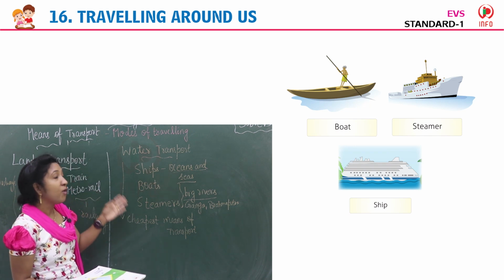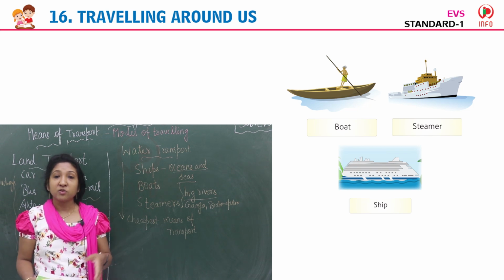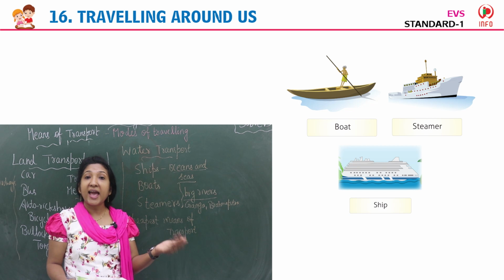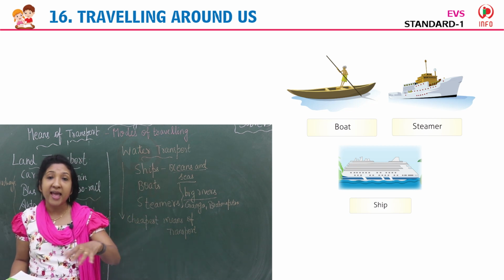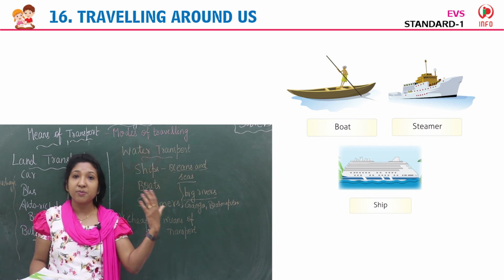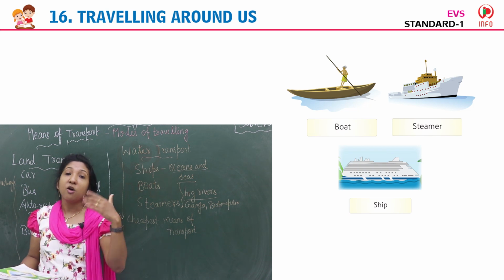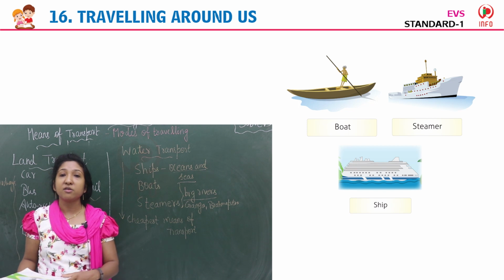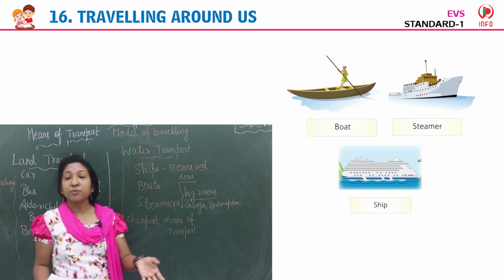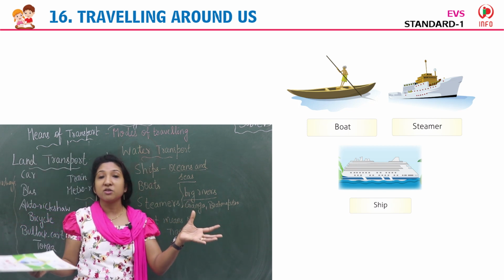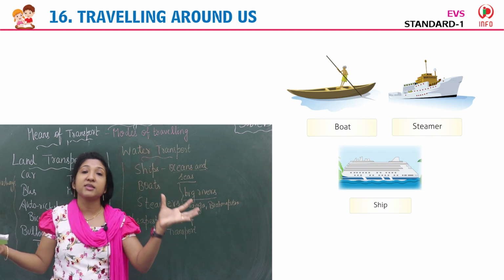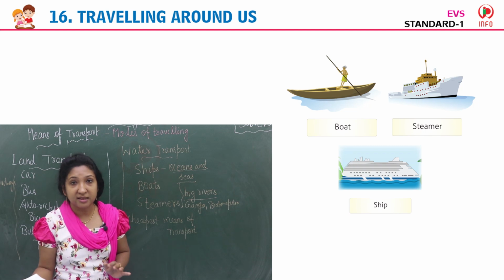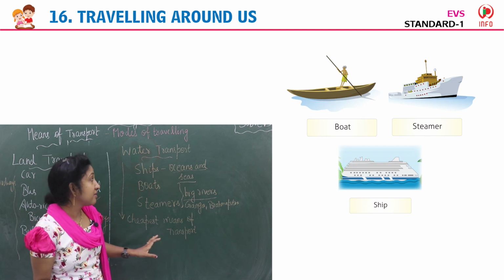So there are water transport that carry people, passengers and goods from one place to another across the country or from one town to another town. Over long distances there are also water transport that carry bulky goods, means large or heavy goods. Yes, so that's water transport.